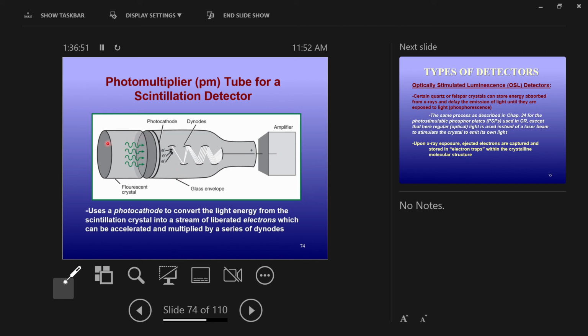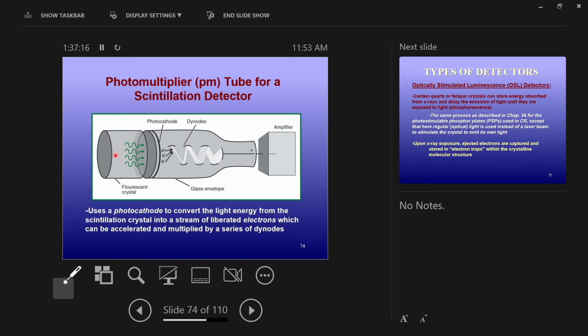But importantly, the law of conservation of energy allows us to build devices like this and accurately measure the amount of electricity created and infer from that the amount and energy of the original X-ray beam that struck the fluorescent crystal. Because the law of conservation of energy just says that energy is conserved.